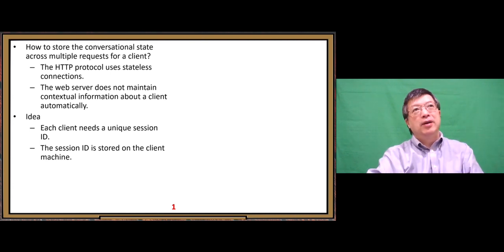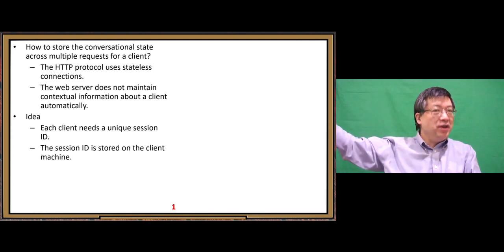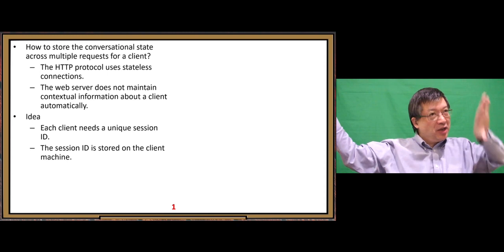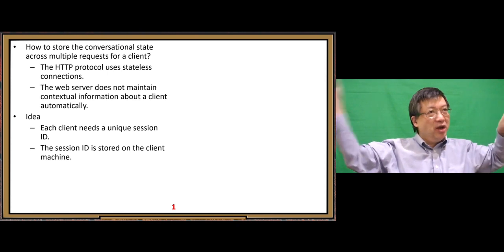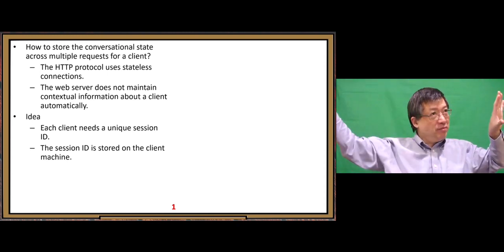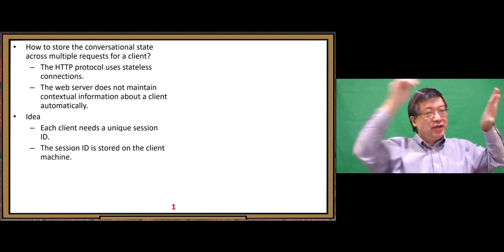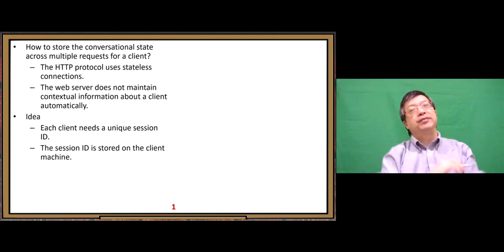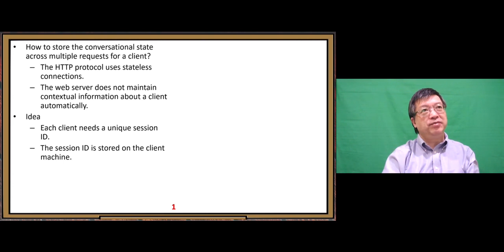But definitely there is another copy in the server, right? One copy of the session ID is attached to the client machine. Another copy, because you need to match, is stored in the server's machine, main memory.